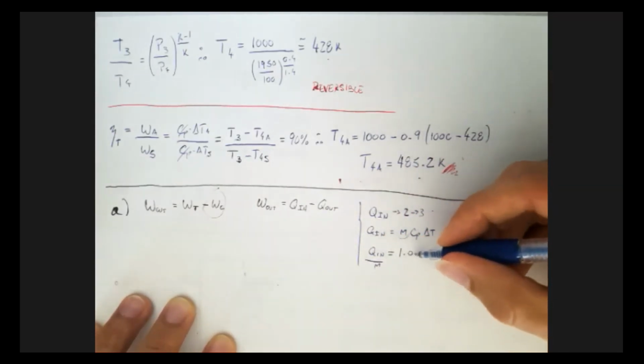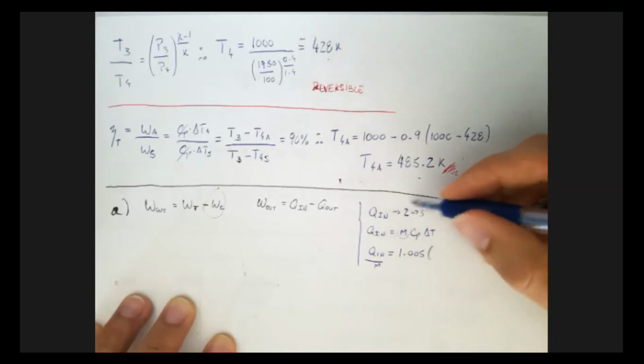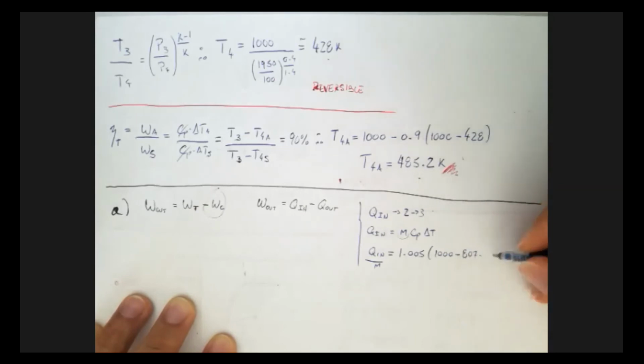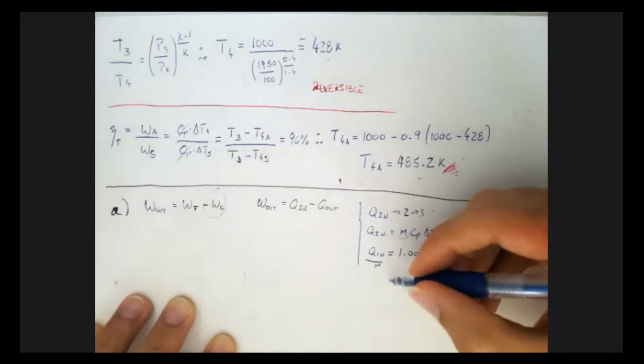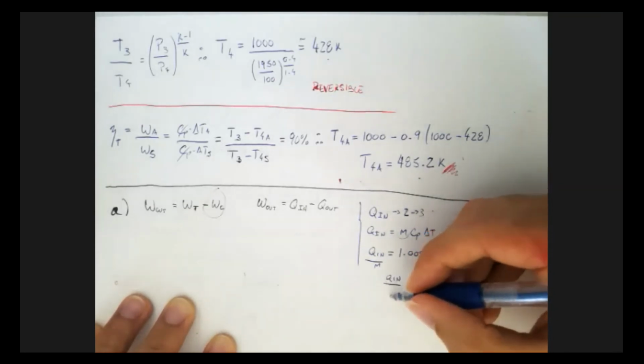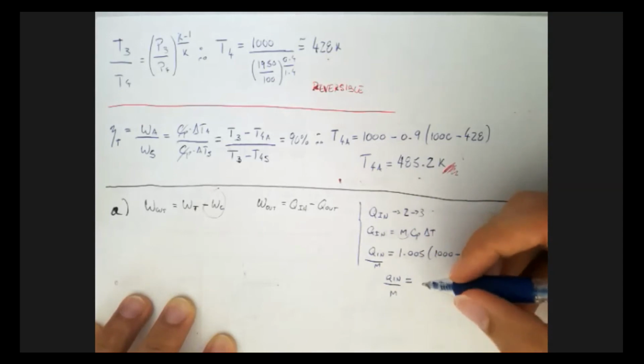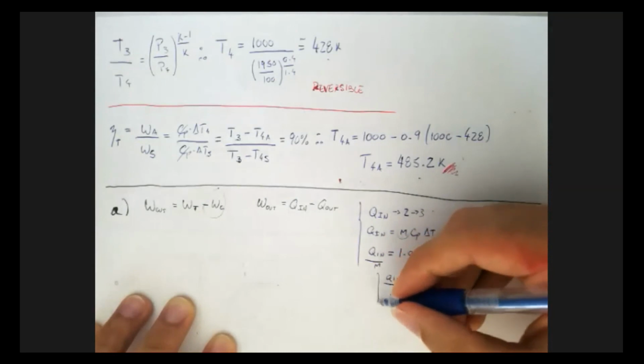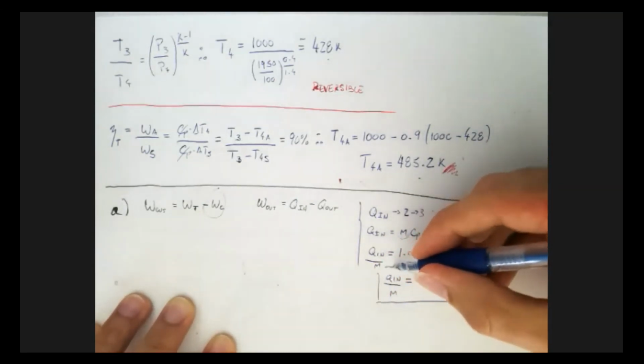That's 0.05 times, from 2 to 3, 1,000 minus 807.6 that we calculated previously, which gives me a Q in over mass of 193.4 kilojoules per kilogram. All right, so it's energy over mass because we don't have anything for the mass.